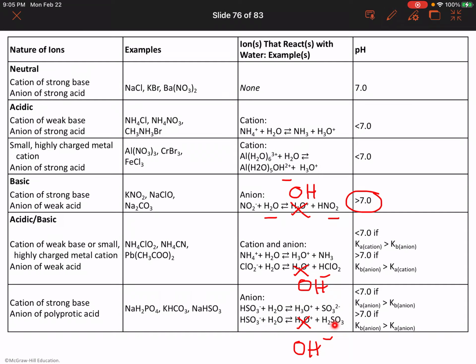So then it should end up being hydroxide. So this equilibrium would be the predominant one if Kb is greater than Ka of the anion. Okay, again, if it is a weak acid and weak base combination like that, we have to check to see whether the Ka or the Kb is stronger, just like the previous example we did.